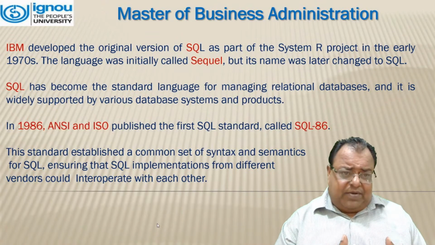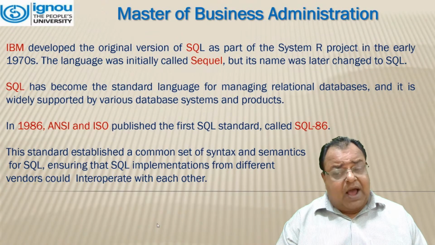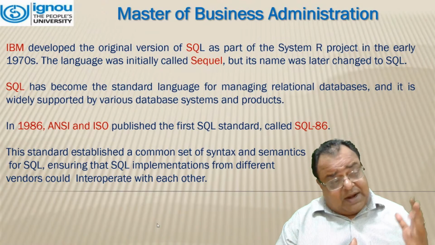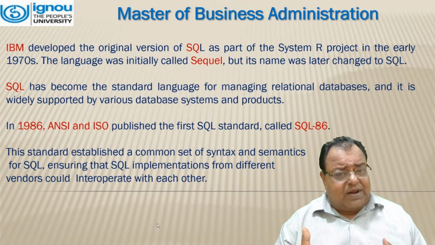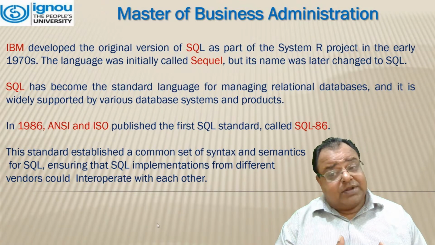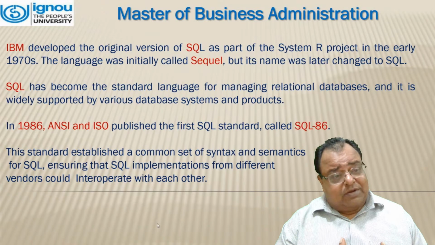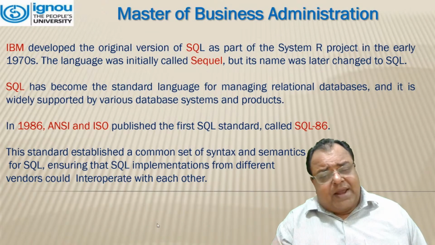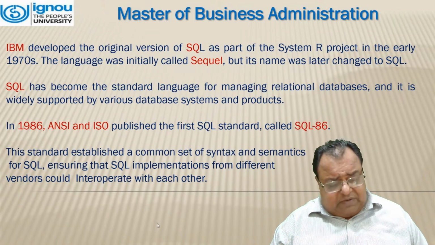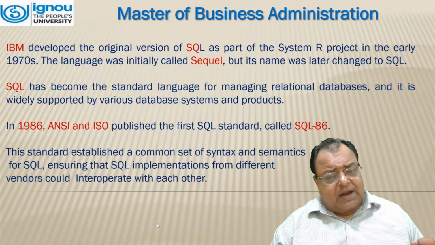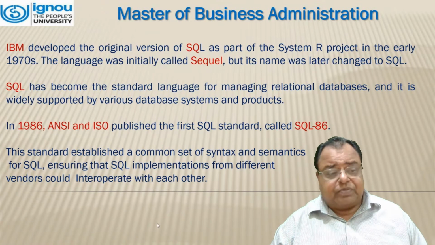IBM developed the original version of SQL as a part of the System R project in the early 70s. The language was initially called SEQUEL, but its name was later changed to SQL. SQL has become the standard language for managing relational databases, and it is widely supported by various database systems and products.